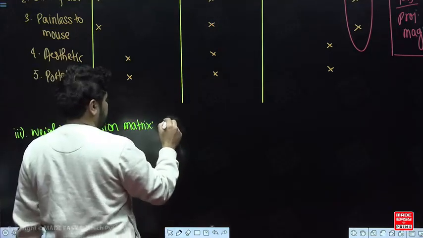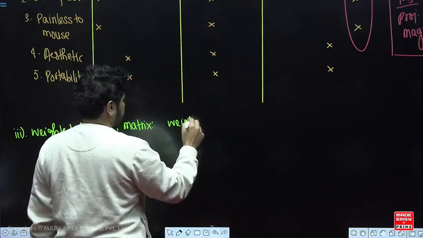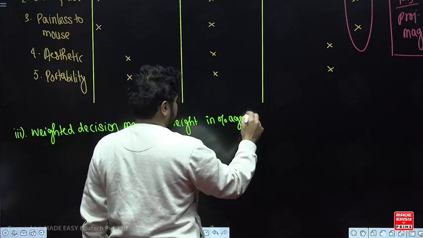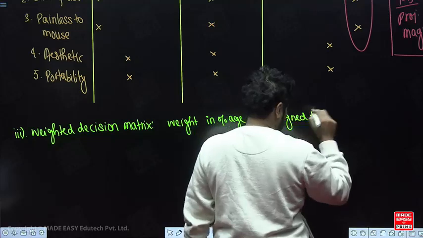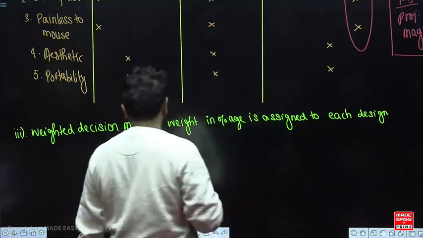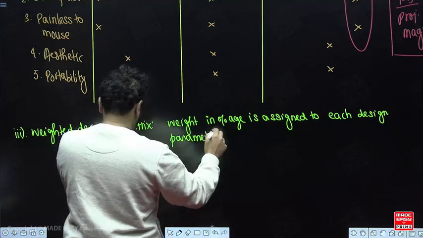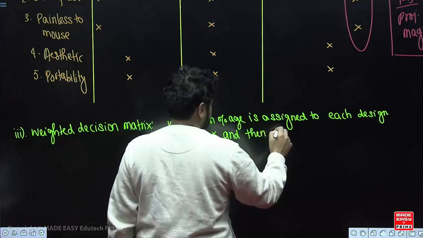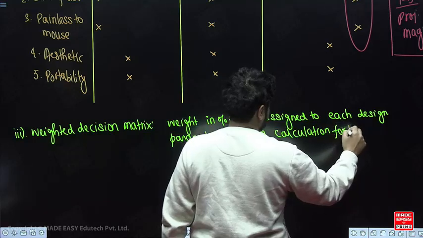In this, weight in percentage is assigned to each design parameter, and then the calculation for the best design is done.